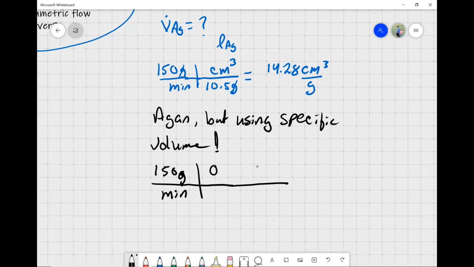And again, grams cancels. Mathematically, dividing by 10.5 is the same as multiplying by 0.095. You might be off a little bit because I rounded somewhere, and I got 14.25, so I'm a little off because of rounding, but it's pretty close.